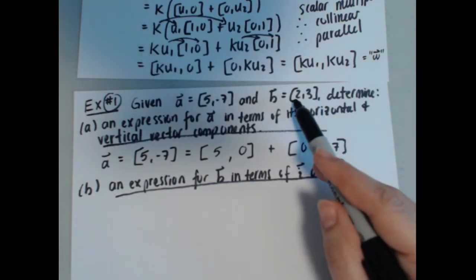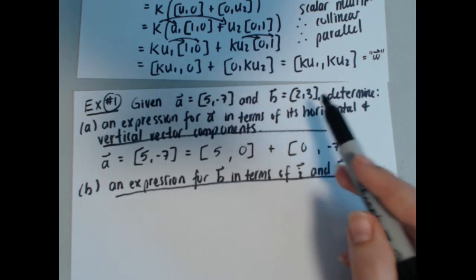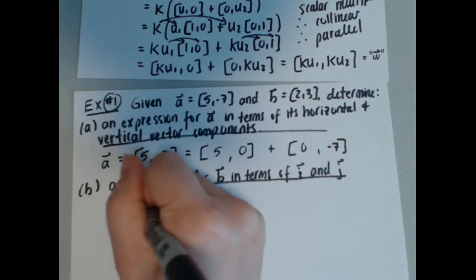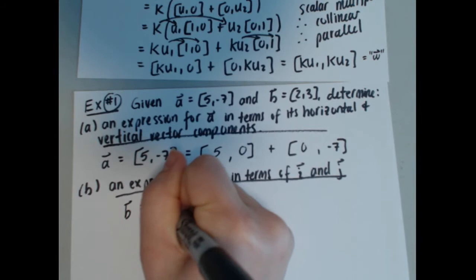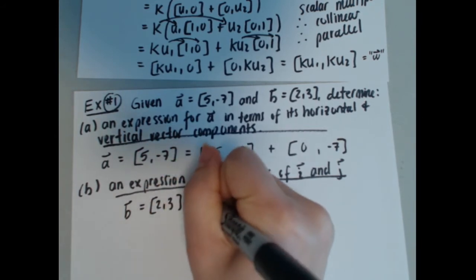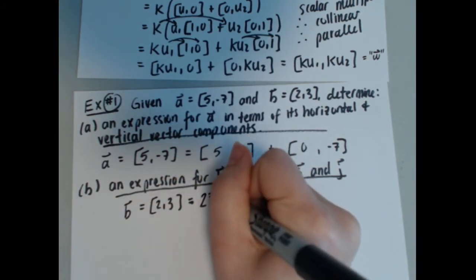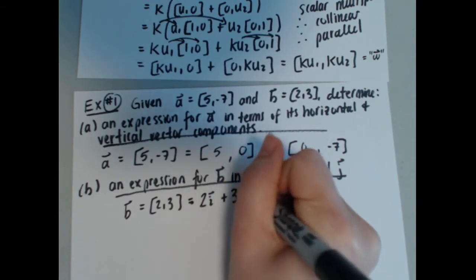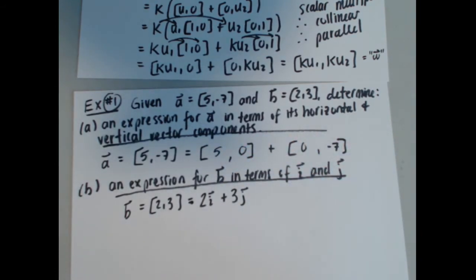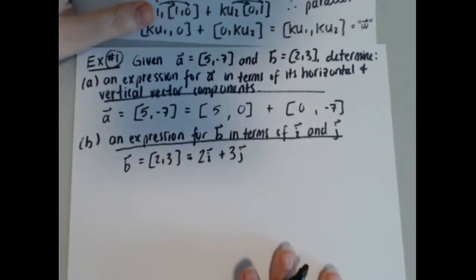Okay, so vector B is up here. I know that i reflects the x component of 2 and j reflects the y component of 3. So if B is equal to 2, comma, 3, I can rewrite that as 2 times vector i plus 3 times vector j. Okay, moving on.